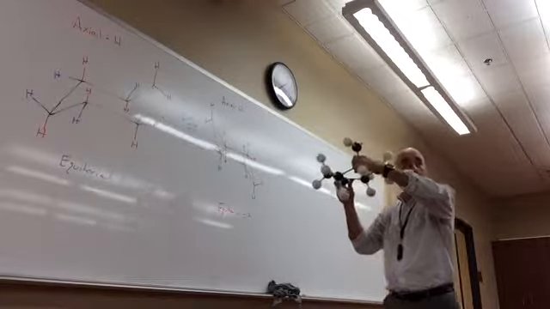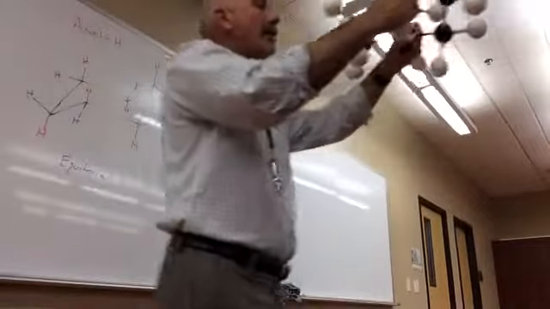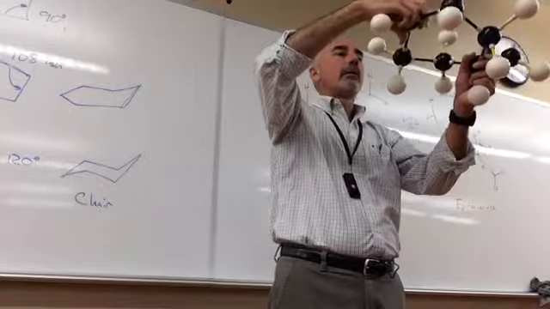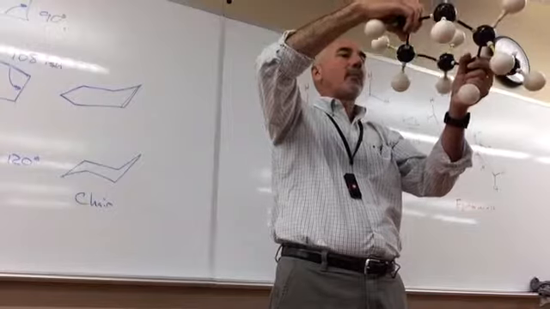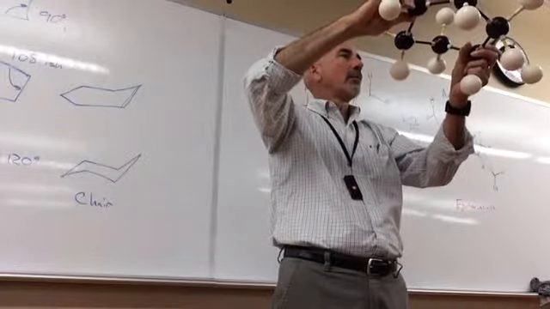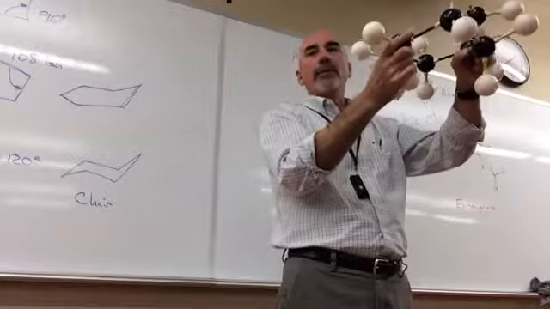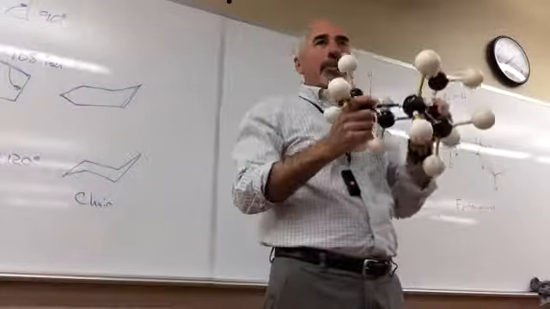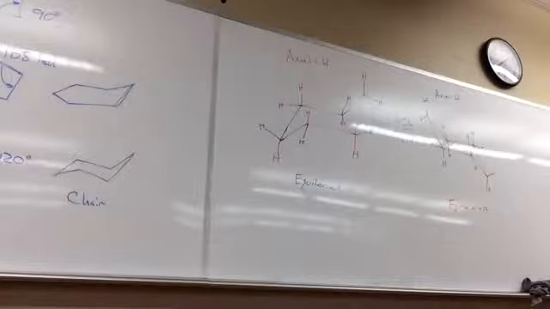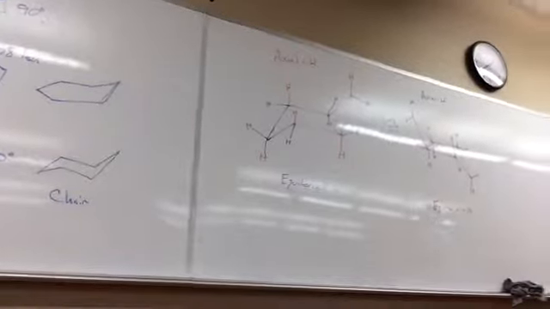What I did was I put this side down and this side up. And then you kind of let it kind of work its way in there. Everybody do that? Do that with your model. Do a ring flip and notice that all the axial and all the equatorial hydrogens switch.